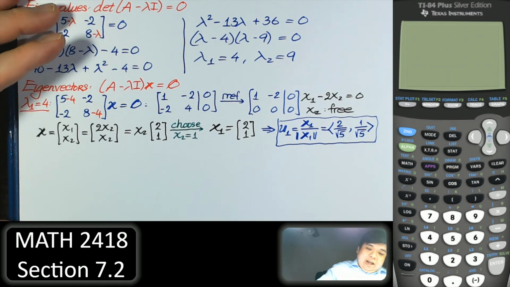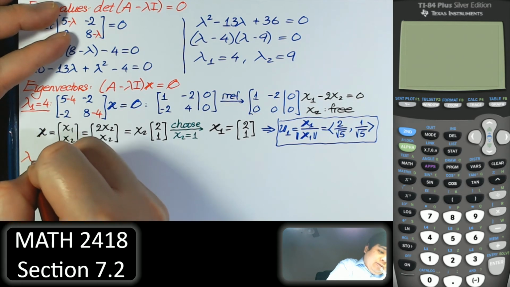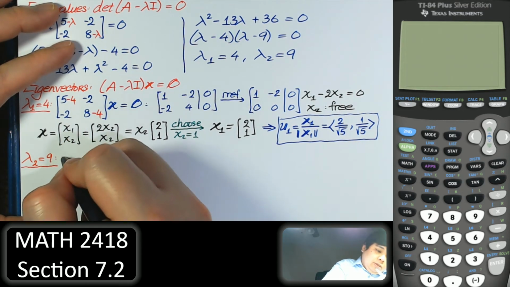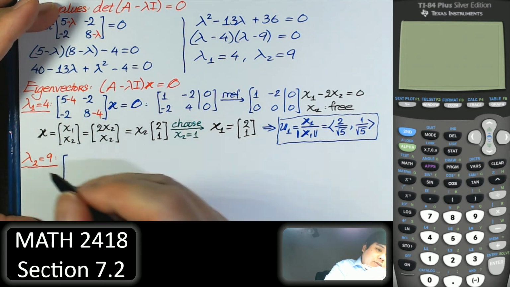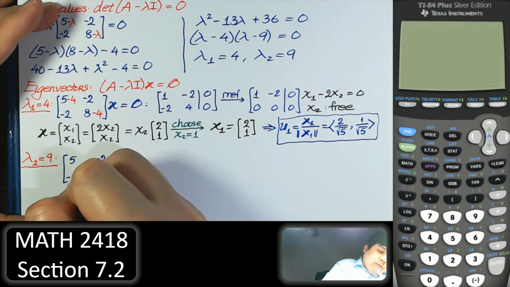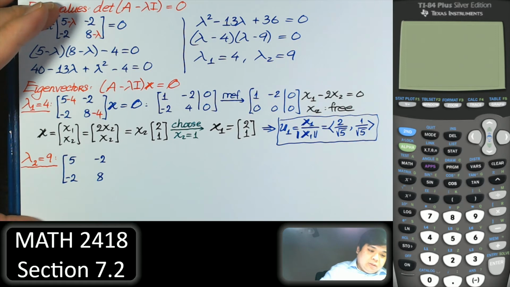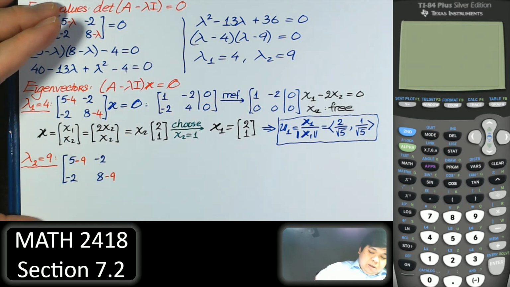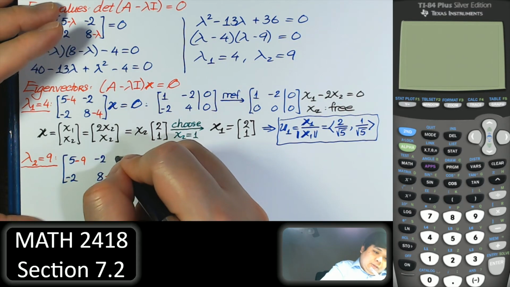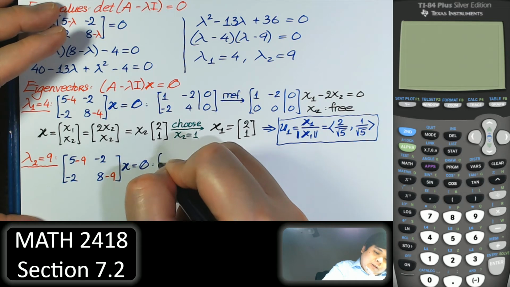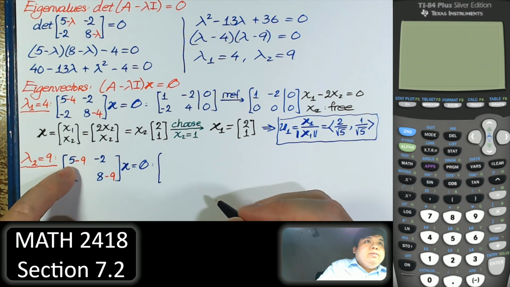Right. Now for the second eigenvalue, we have 5, negative 2, negative 2, and 8. Right.